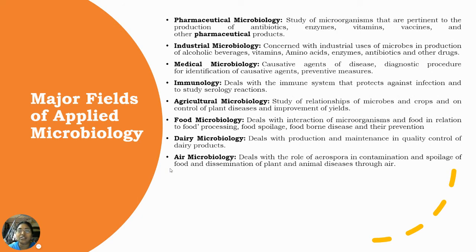As that food is exposed to air, which consists of so many microorganisms, the chances of spoilage are more. It also covers dissemination of plant and animal diseases through the air. Air which contains microorganisms causes diseases not only to plants but also to animals, etc. All these things we can study under air microbiology.